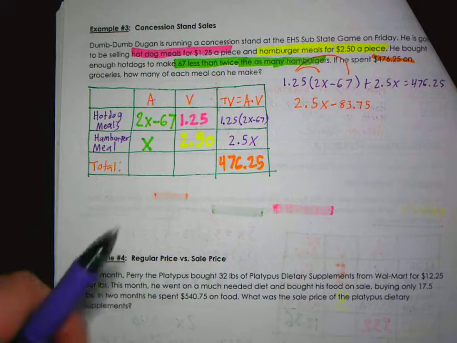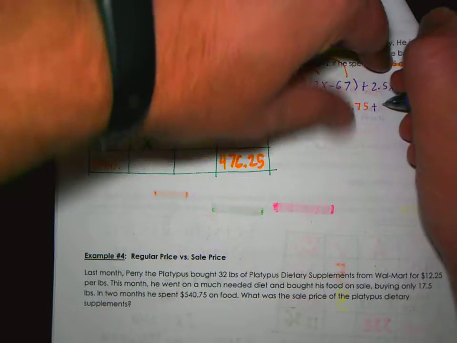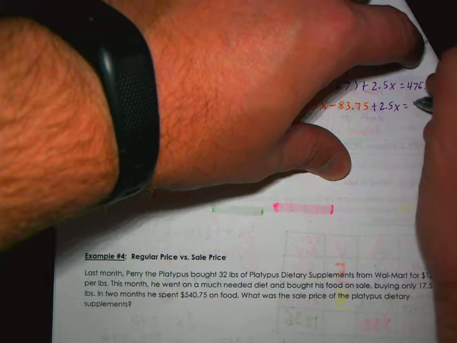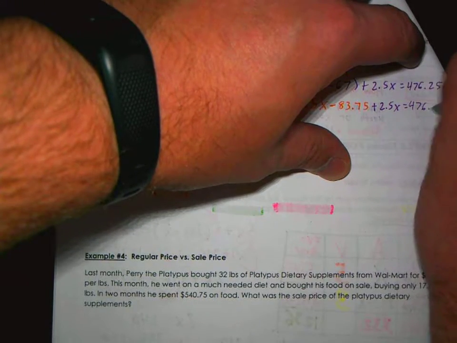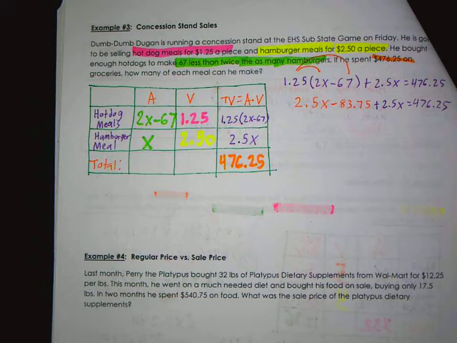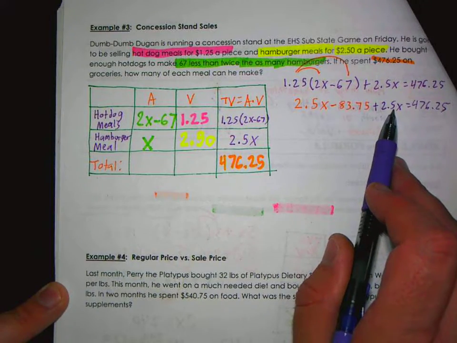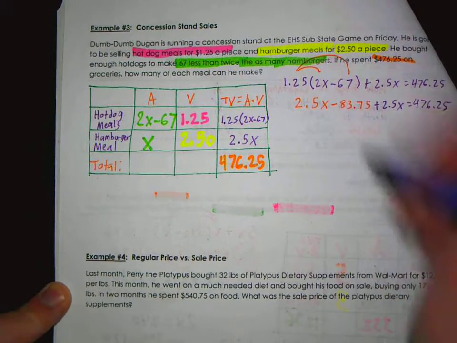And then bring down the rest. Combine like terms. Well, 2.5x and 2.5x, where x is hamburgers, is 5x.